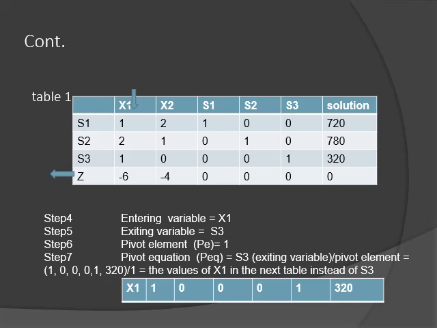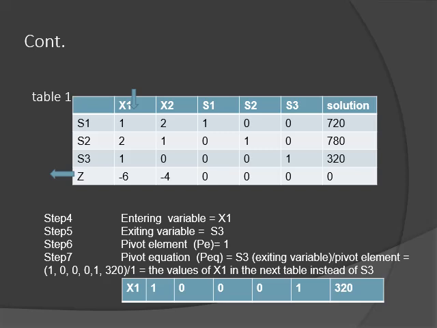Now let's check. 720 over 1 equals 720. 780 over 2 is more, of course, than 320.